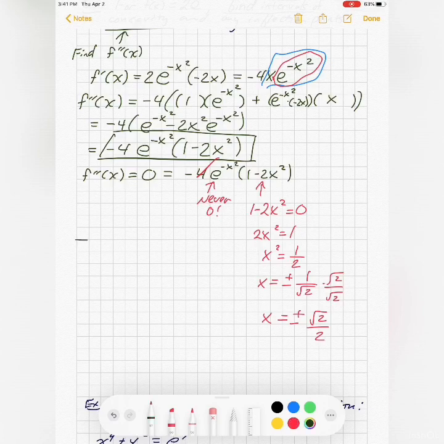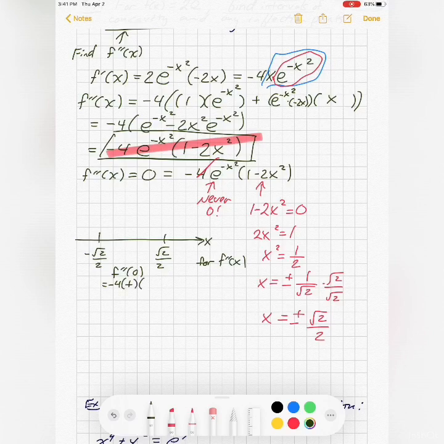So now I set up my sign chart. And this sign chart is for the second derivative, which is this guy. Okay, so I plug something in, maybe 0. Okay, I'm going to have -4, e to any number is positive, and then 1 minus 2 times 0 is positive. That's a negative.